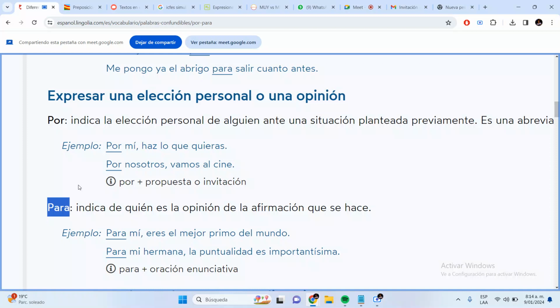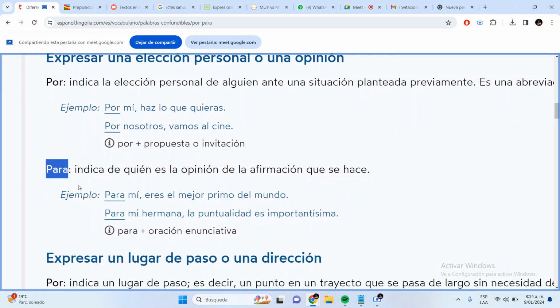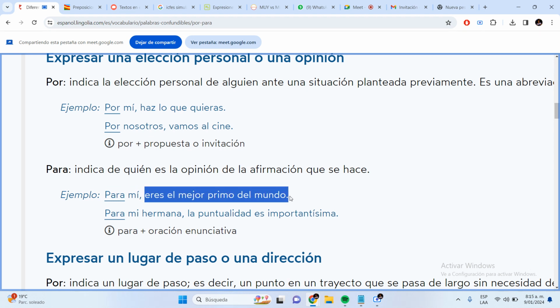So, for example, the answer to the question of who has that opinion is after para. For example, para mí eres el mejor primo del mundo. So, this is the opinion: eres el mejor primo del mundo. And who has that opinion? Yo. I have that opinion.